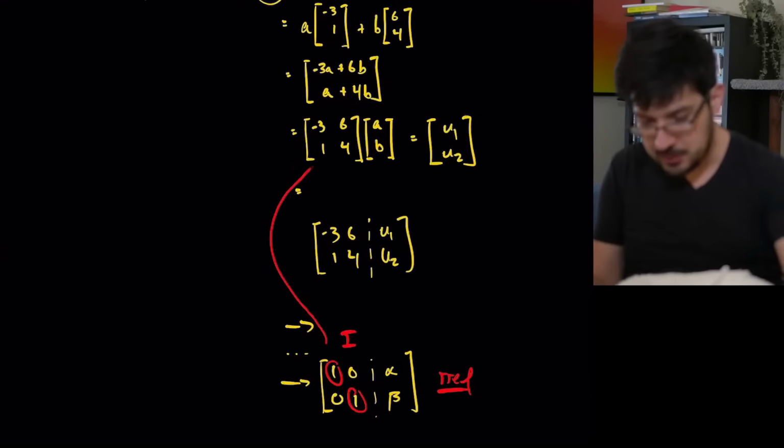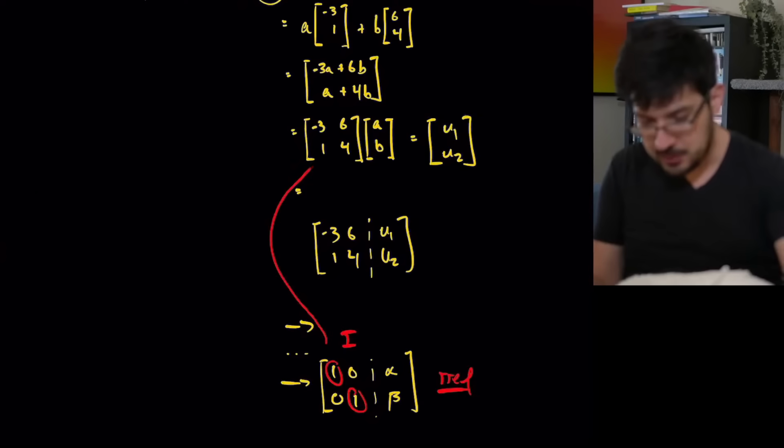Let's actually see these row operations. -3, 1, and 6, 4, right? If we do row operations until we get to row echelon form, that'll tell us the pivot entries. We can find the rank of this matrix, which is the number of pivots in row echelon form or reduced row echelon form.